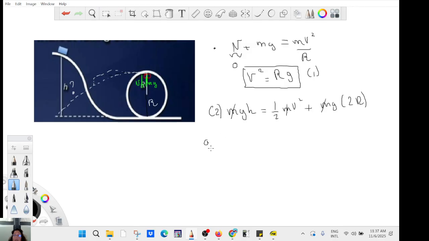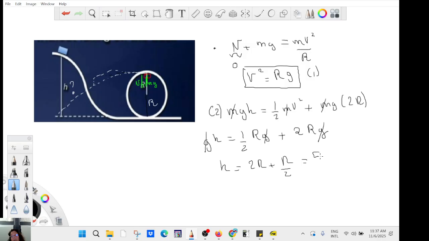Okay, so you have gh equals 1/2 v squared, with v squared given by equation 1, so rg, plus 2rg. So let's say m goes bye-bye. Bye-bye. Nice to meet you. So h will be 2r plus r over 2.